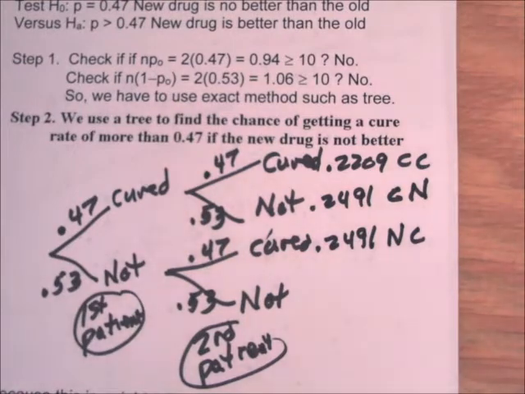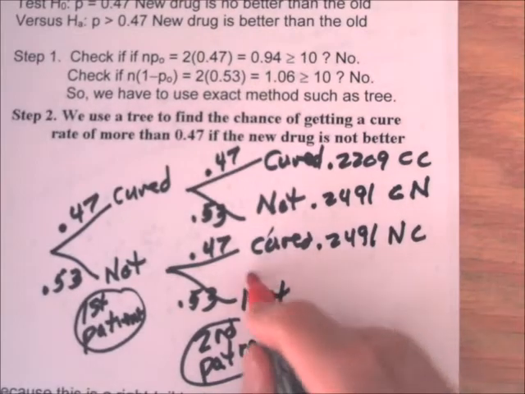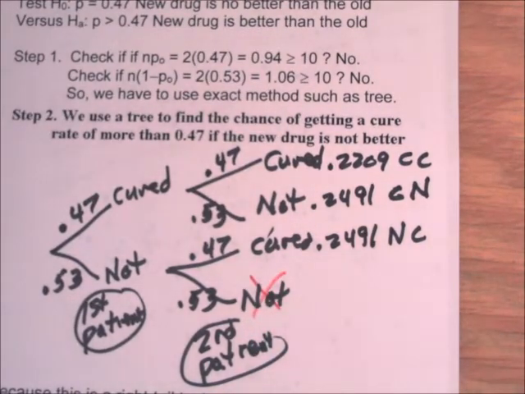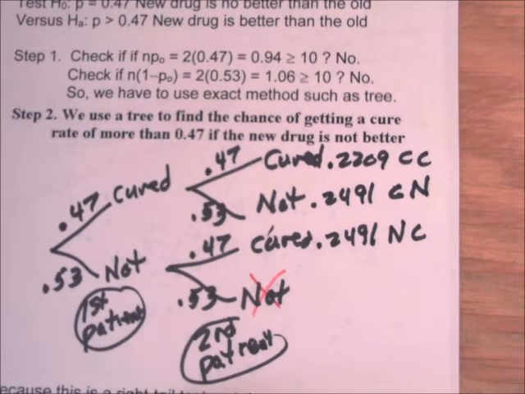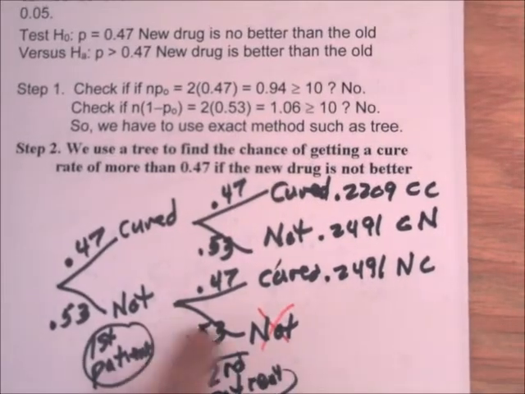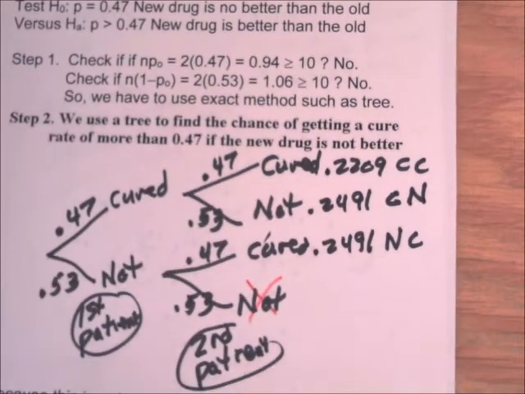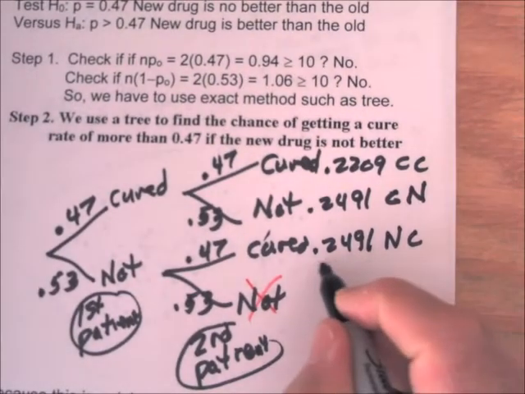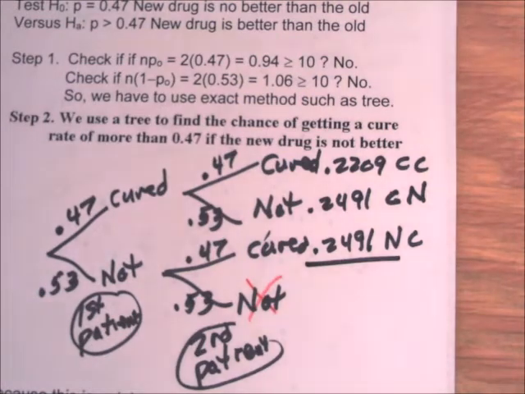And then we don't really need the bottom path here, because we're only looking at the paths where at least one of the two was cured. On the bottom path, neither patient was cured. So if we add these up, the total will be our p-value. That's 0.7191.